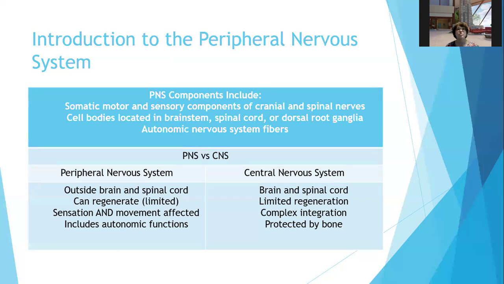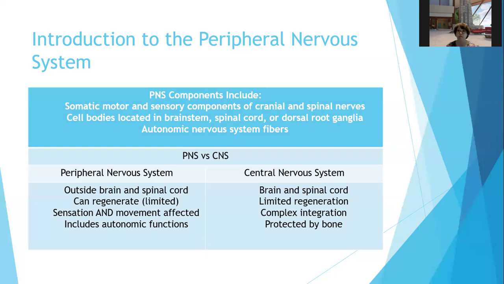So the peripheral nervous system is outside the brain and spinal cord, like I said, and can regenerate on a limited basis, but the central nervous system has very, very limited regeneration. And in clinical neurology, we'll talk about why that is. Sensation and movement are affected by the peripheral nervous system, as well as autonomic functions. So all the automatic stuff that's going on in the background.